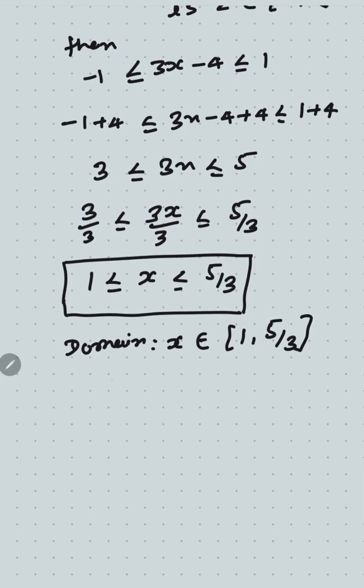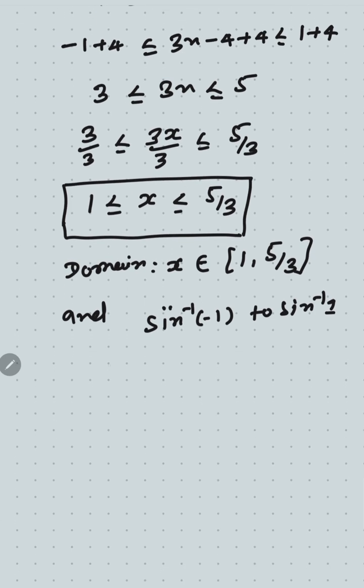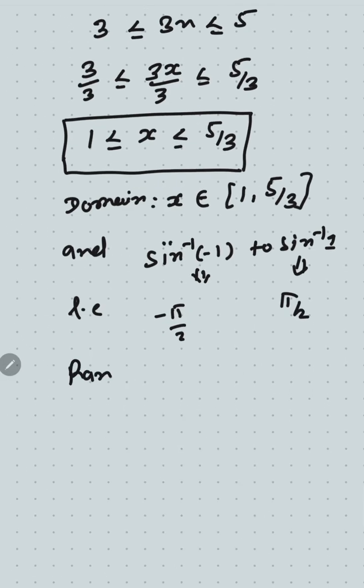Okay, and since sine inverse of -1 to sine inverse 1, this value is -π/2 and this value will be π/2. Then range is f(x) belongs to -π/2 to π/2.